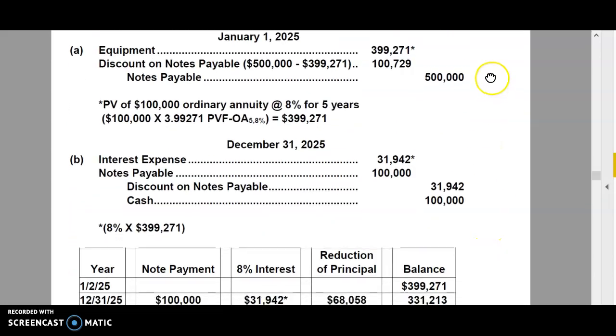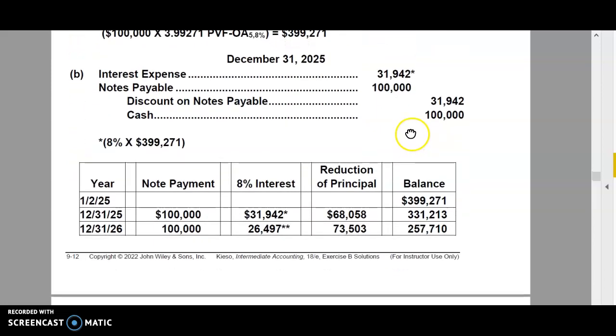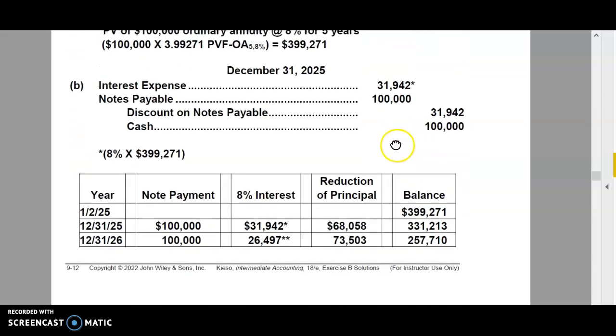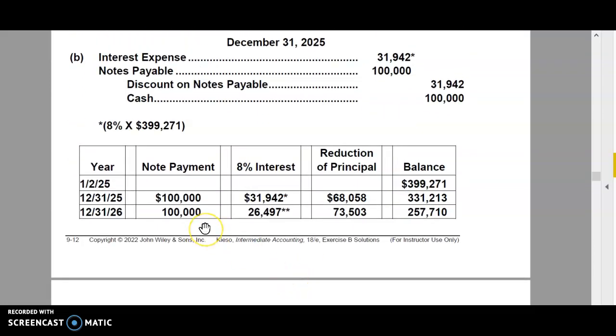And basically what we're doing is this discount amount is going to keep going down to 0, and you're trying to get rid of that discount and get that note up to the amount, the 500,000.